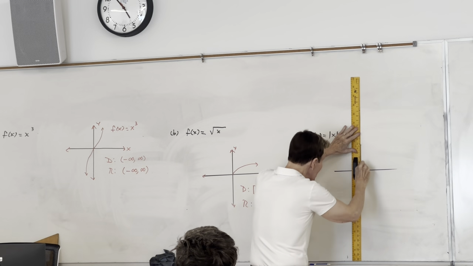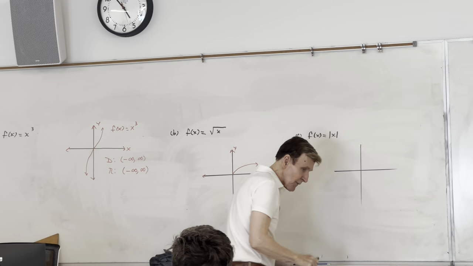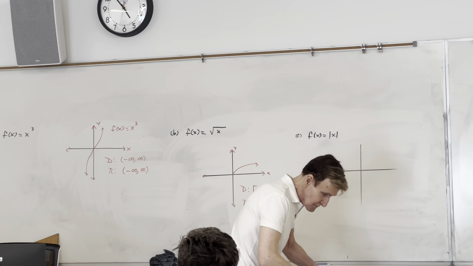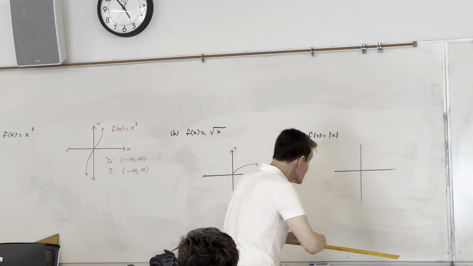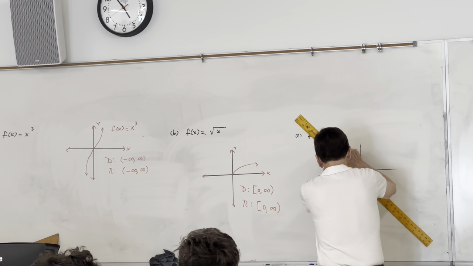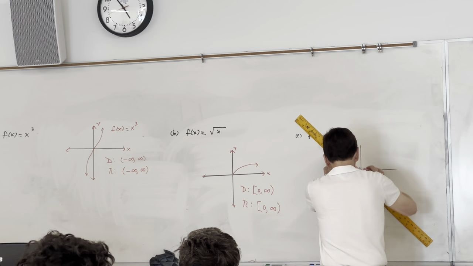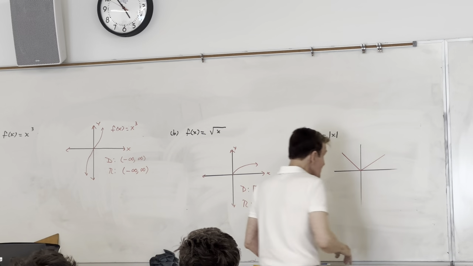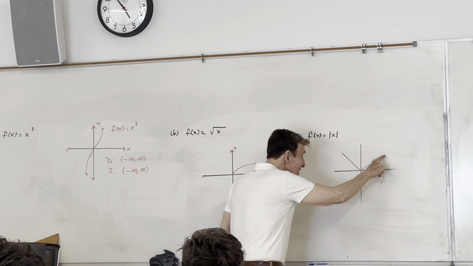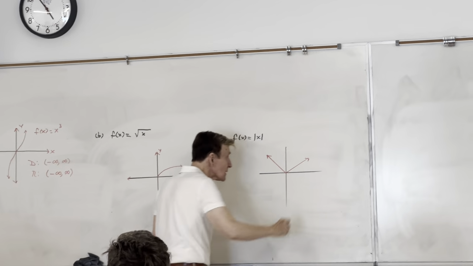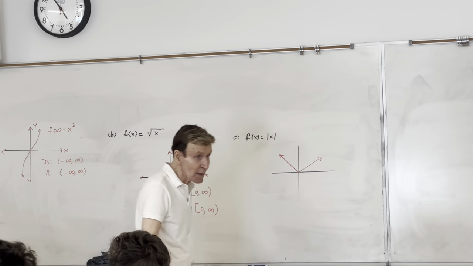I'm correct here. Does it look something like this for the absolute value of x graph? Does that look something like what your handout shows? Is that true, guys? Okay.